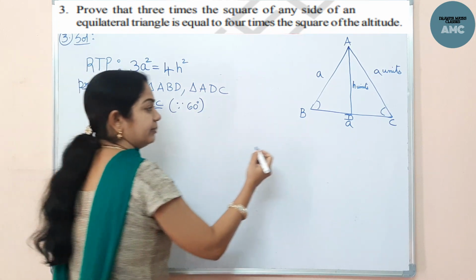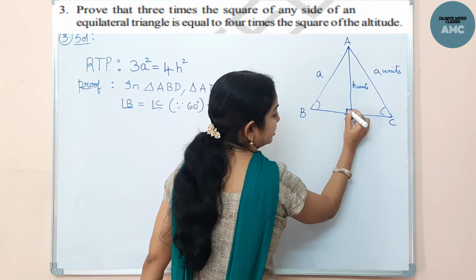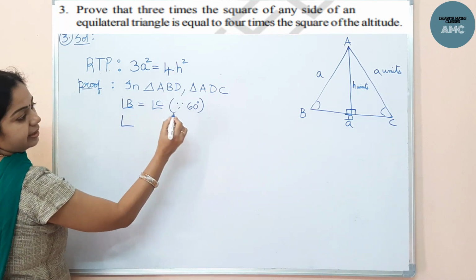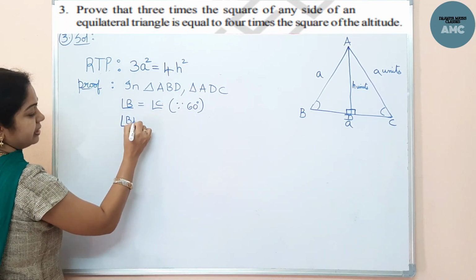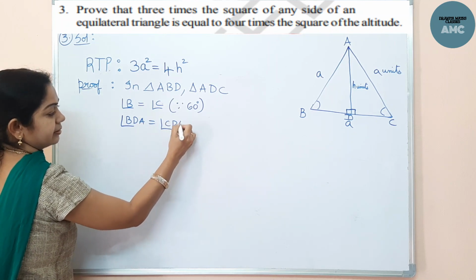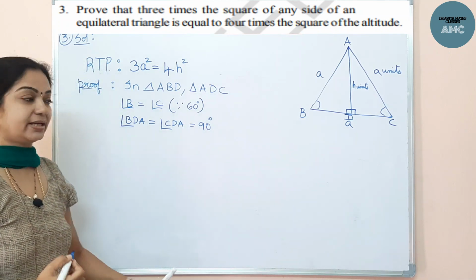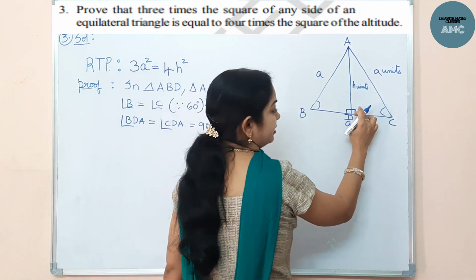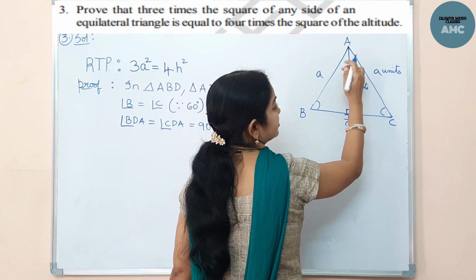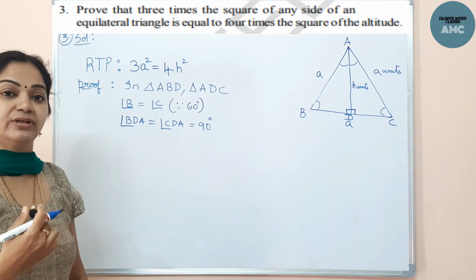Now here, when I'm telling this an altitude, that means it is perpendicular. This is giving an angle of 90 degrees. So in triangles BDA and CDA, angle BDA is equal to angle CDA, that is equal to 90 degrees, isn't it? So two angles are equal, and the third angle, this one and this one, are also equal. Why? Because of the angle sum property of a triangle.